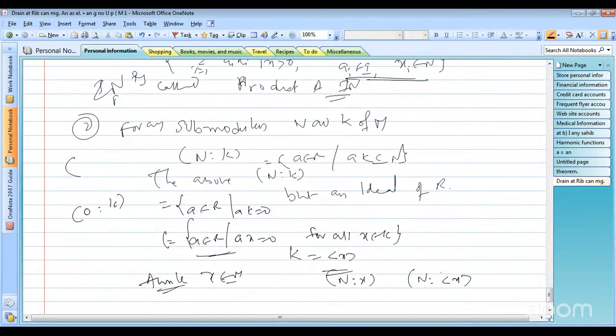You have to try the following properties of the annihilator operator.